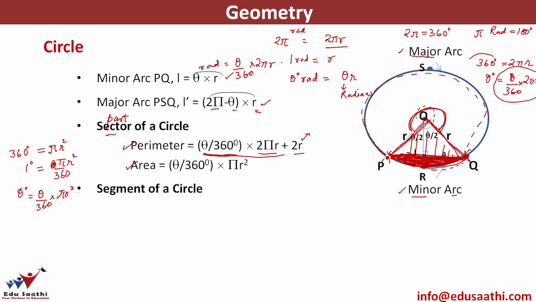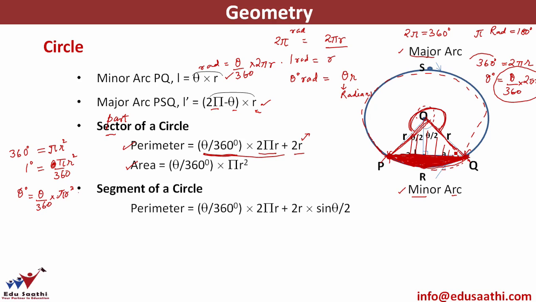If I join it with a straight line which is not passing through the center, the minimum distance between the 2 points P and Q, the shaded region that I get is known as segment of the circle. So you need to differentiate between the sector, which is the two endpoints on the arc joined with the center, and segment, the two endpoints of the arc joined together.